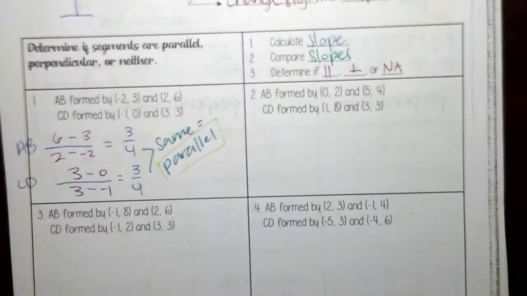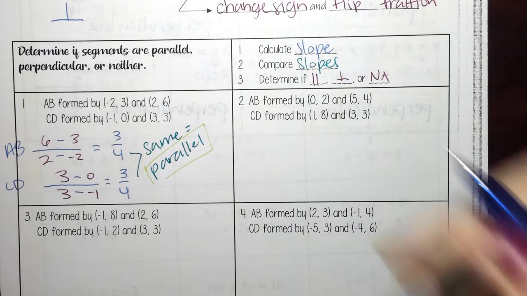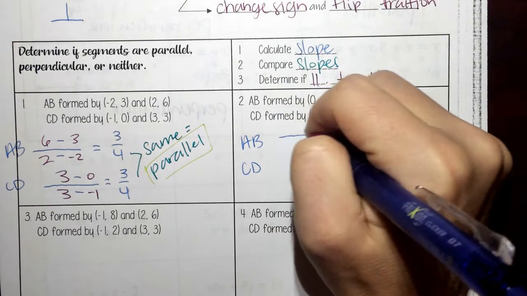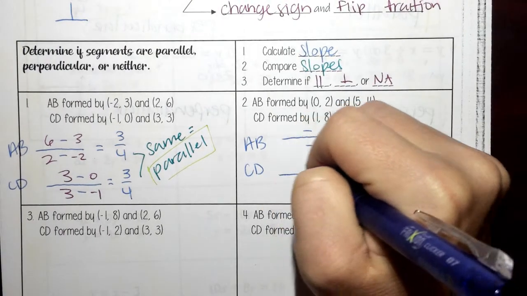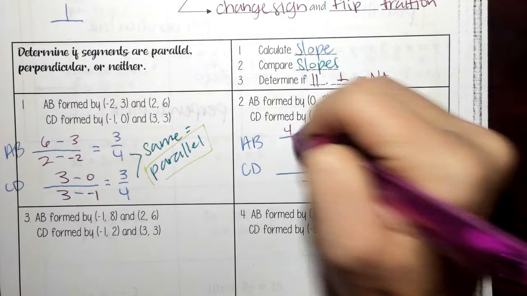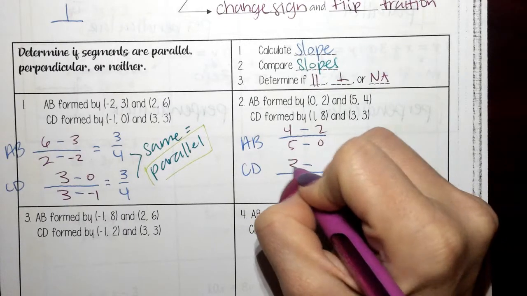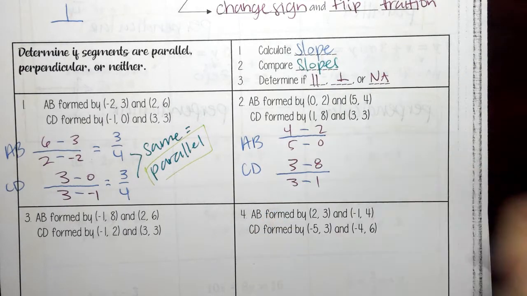Okay? So same thing over and over. I know we get tired of doing this slope formula, but it is really important we know how to do it properly. So we've got 4 minus 2, 5 minus 0, 3 minus 8, 3.